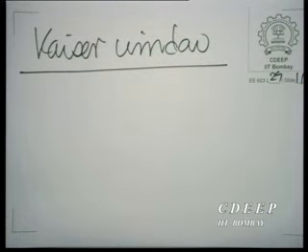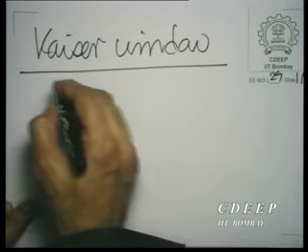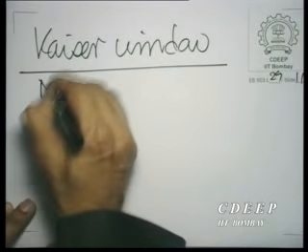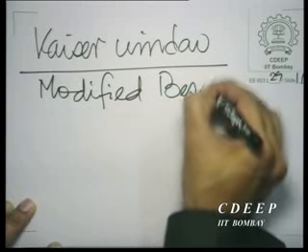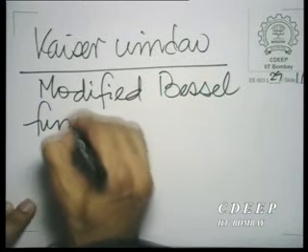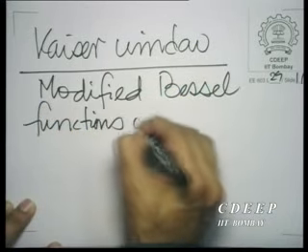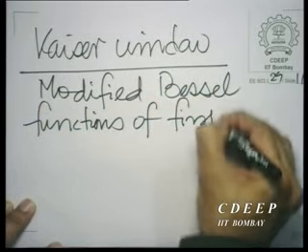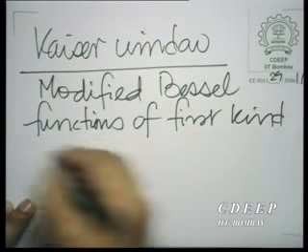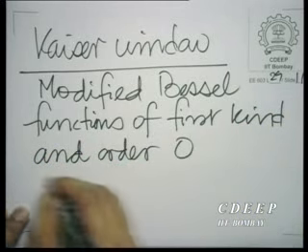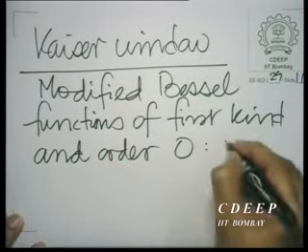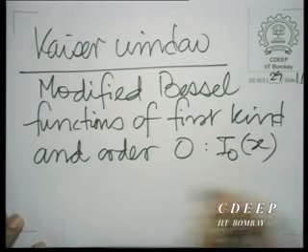The Kaiser window is based on what are called the modified Bessel functions of the first kind and order 0. So let's denote it by I0x.